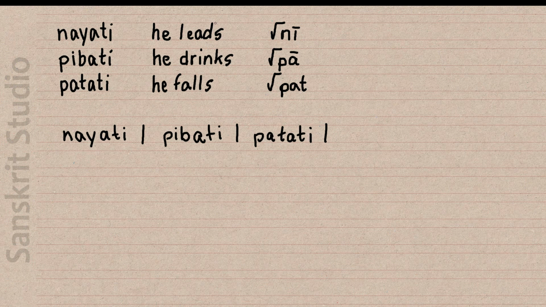So in English there are only 2 variants of the verb, but in Sanskrit there are 9. So we need to learn all 9, but today we're only going to learn 3, and I'm going to list these down here. So I'm going to start with all the singular forms.